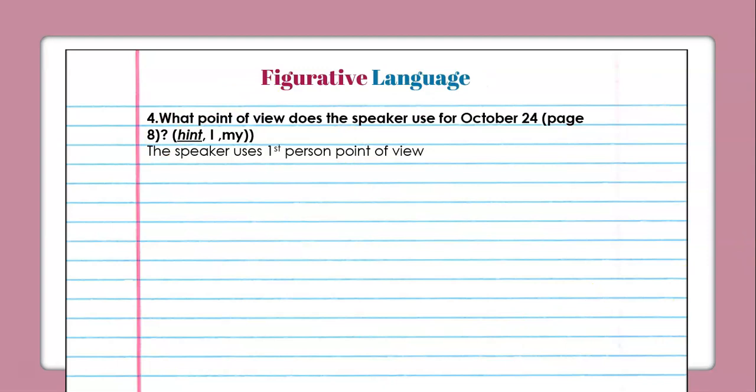Don't forget, your page should have your name, date, and go. You have 45 seconds. 30 seconds.